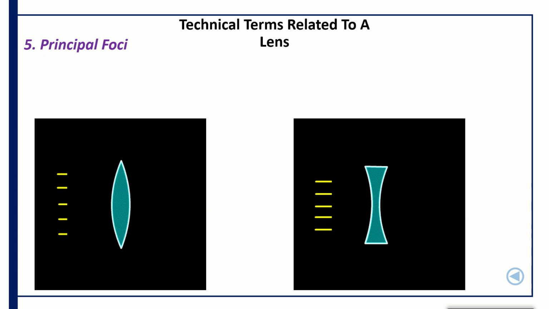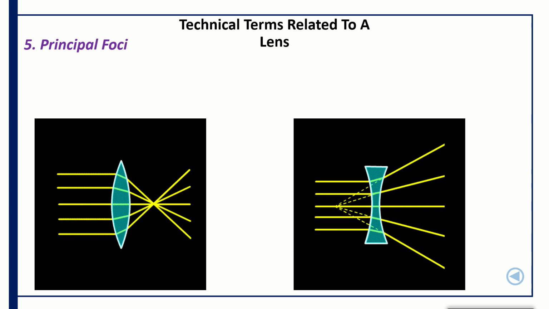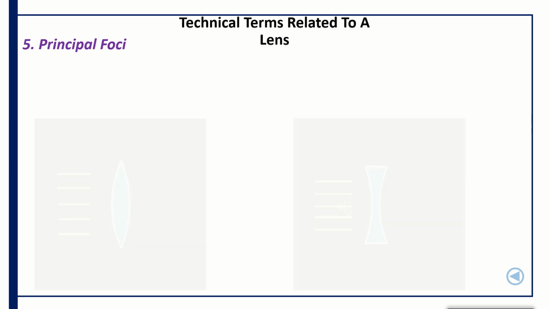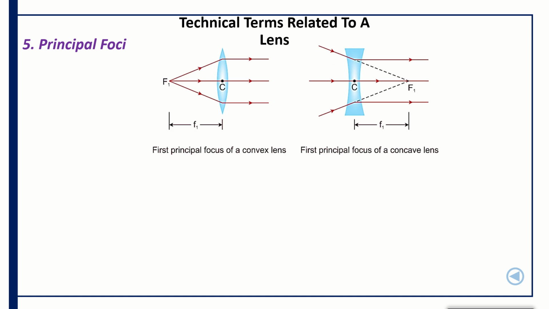This point of the concave lens, which lies on the principal axis of the lens, we call the principal focus point. So, first principal focus of a convex lens and first principal focus of a concave lens.